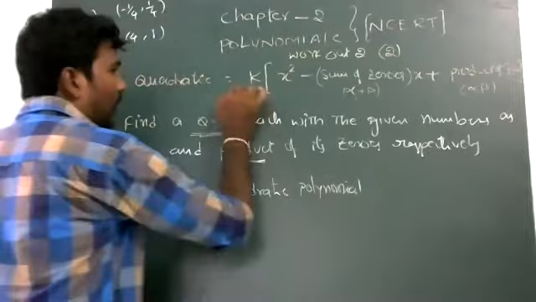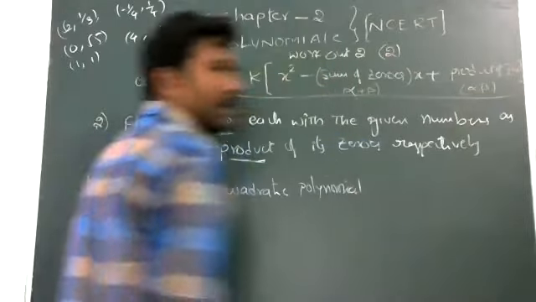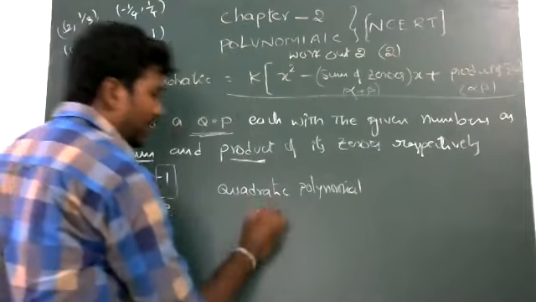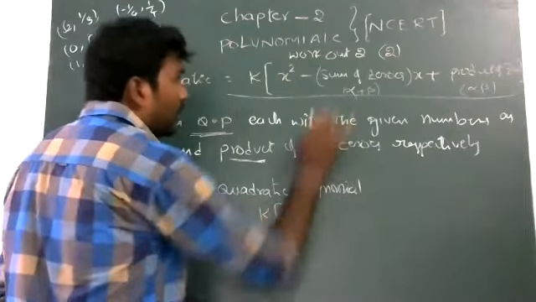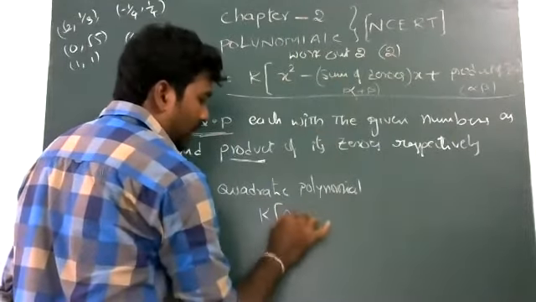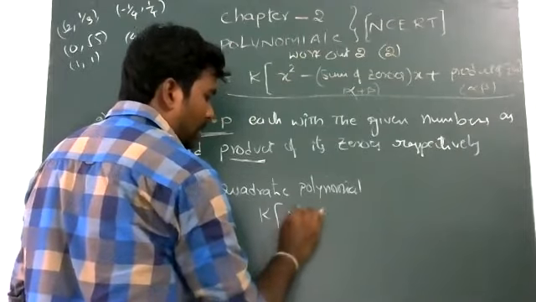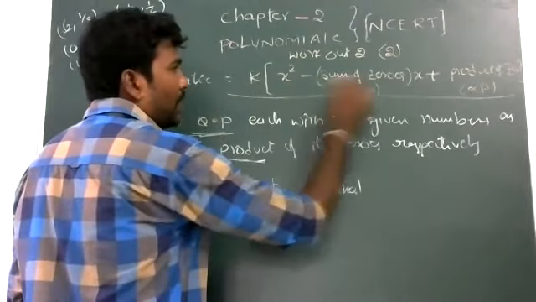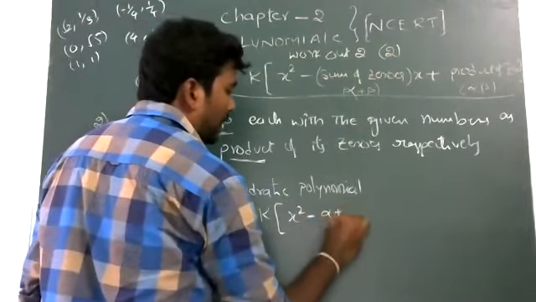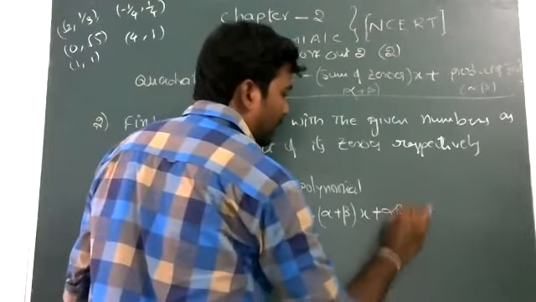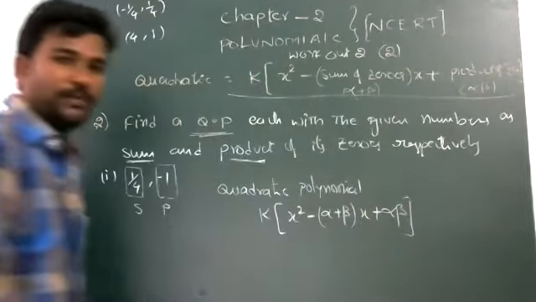Already we know this formula, but here the board is not sufficient. That's why I'm going to write k into x square minus alpha plus beta into x plus alpha beta. I am writing it like this, simplest.